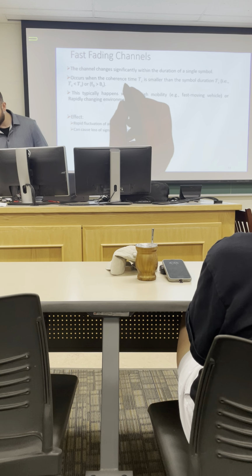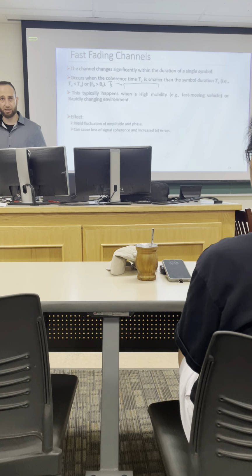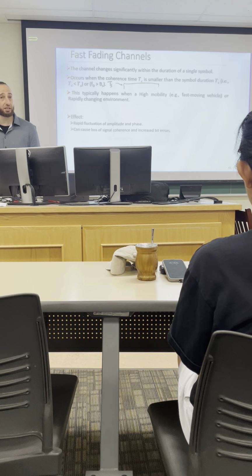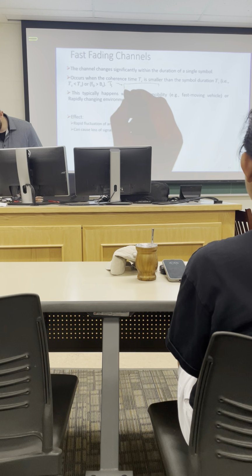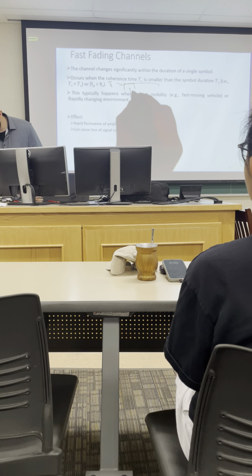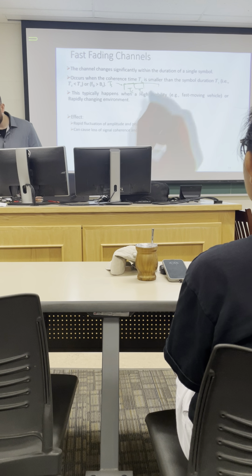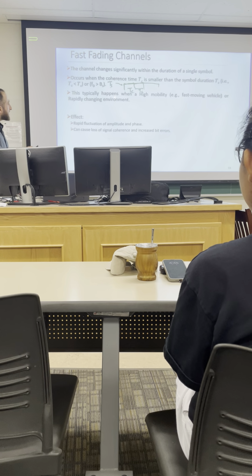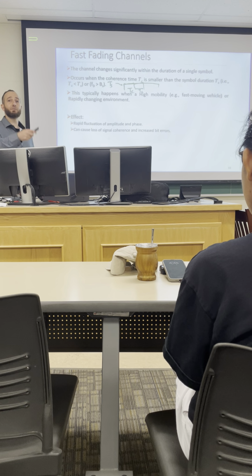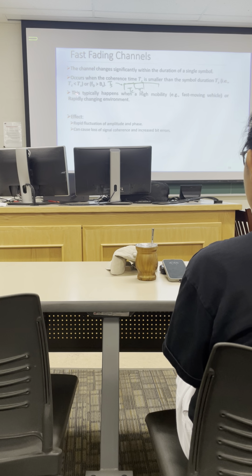So suppose that this is the time duration, this is TS, and within this symbol I have only one symbol with duration of TS, but unfortunately I have multiple TC here. I have another TC here, whatever. So each symbol here will suffer from different coherence time. Okay, so this is a translation for it.